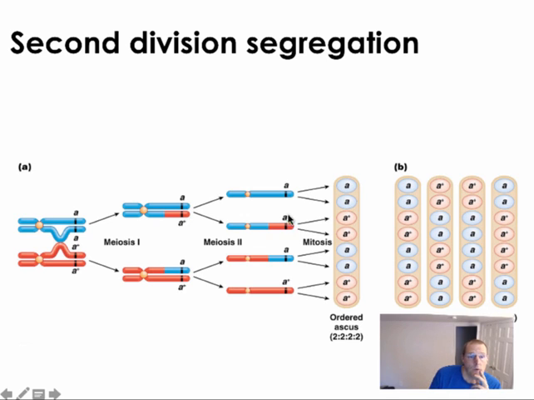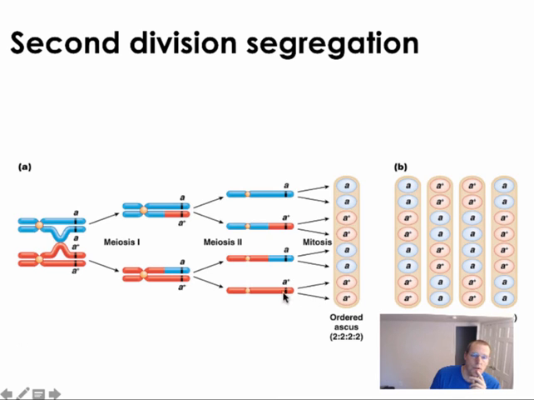And then we've got this A plus recombinant chromosome. It produces one of these spores, and that goes through mitosis and produces these 2 red ones. And then this little a recombinant chromosome divides to produce this spore. It segregates and becomes this spore, and then that undergoes mitosis to produce these 2.